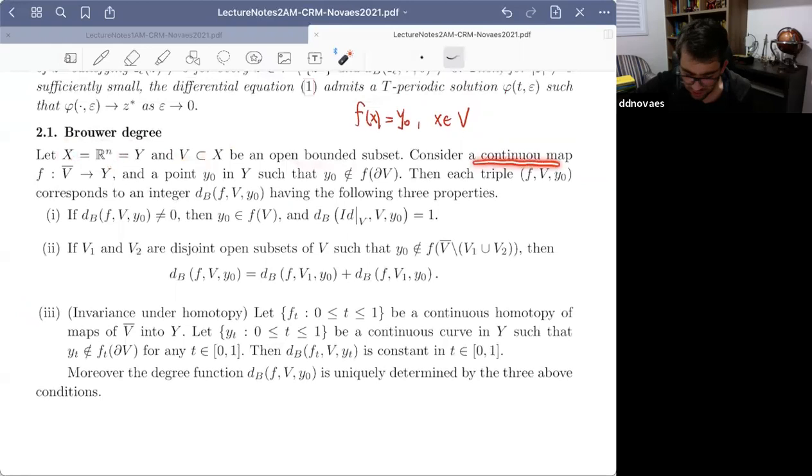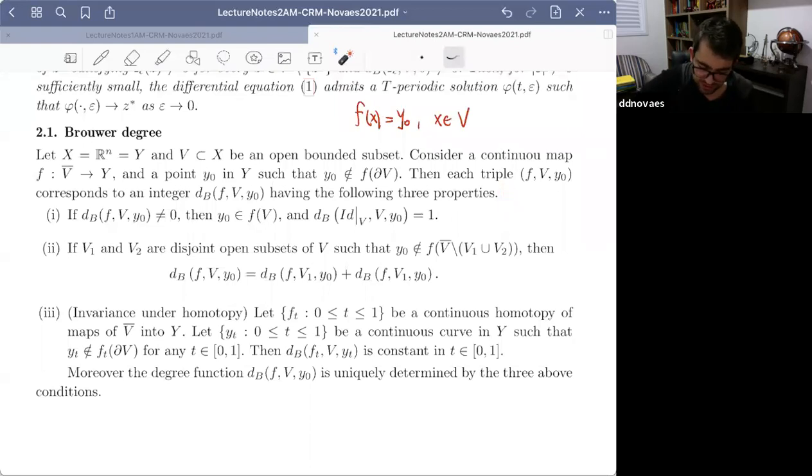And consider a continuous map which is defined on the closure of this set V, and also a point in the codomain which does not belong to the image of the boundary of this bounded subset. Then for each triple f, V, and y_0, we can define an integer, denoted by d_B, the Brouwer degree of f, V, and y_0, having the following three properties.